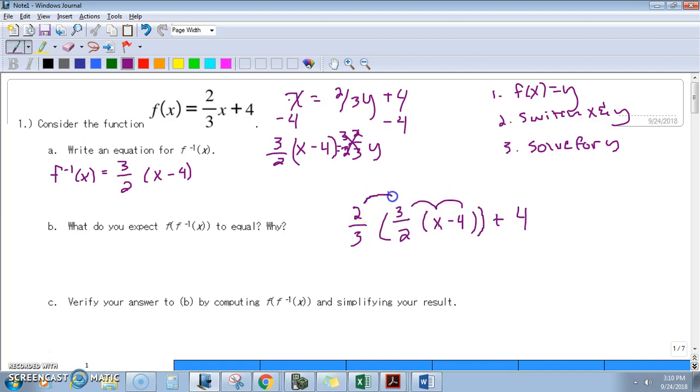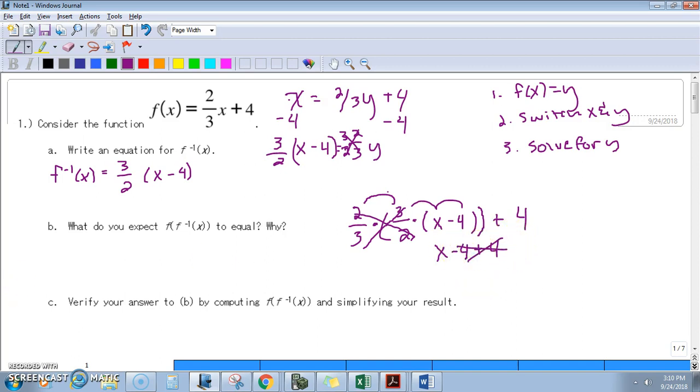But since we're just multiplying out here, we can cancel these out because that's just going to give us 6/6, which is just 1. Okay, and it doesn't matter which order you multiply in, and this is all multiplication, right? So that cancels out. That gives us x minus 4 plus 4, and this cancels out.